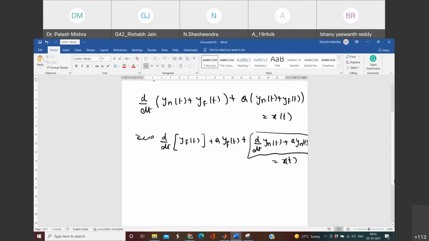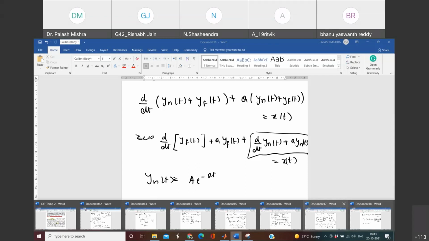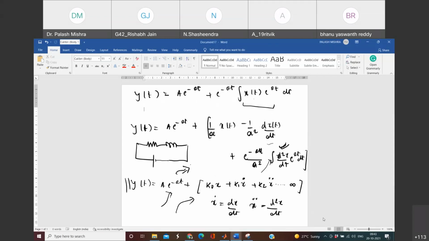What was ynt in the previous slide? It was equal to a times e to the power of minus at, or not? In the previous slide I have just shown you, this was ynt, and this was yft.